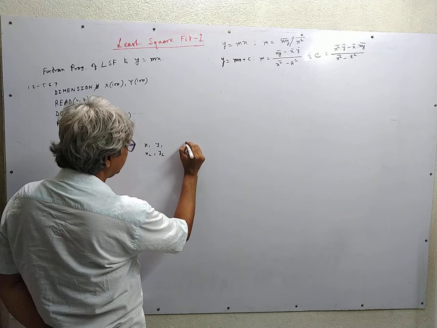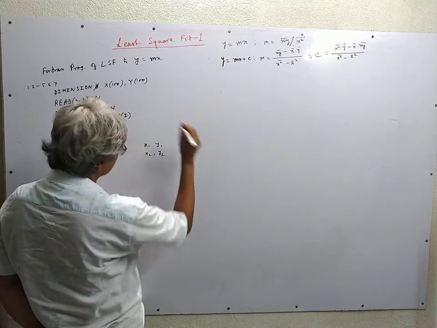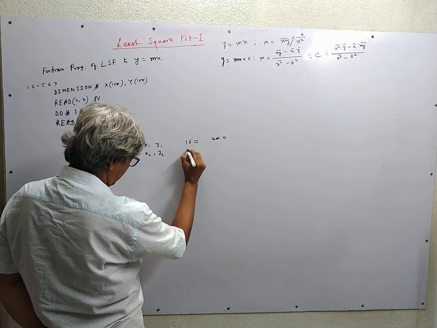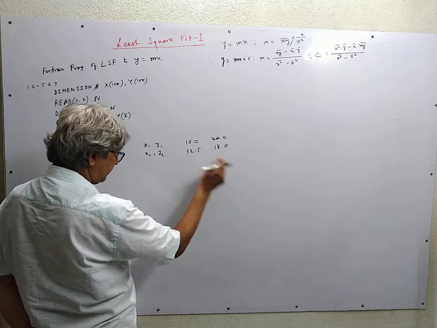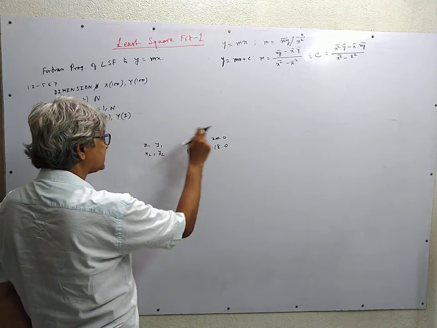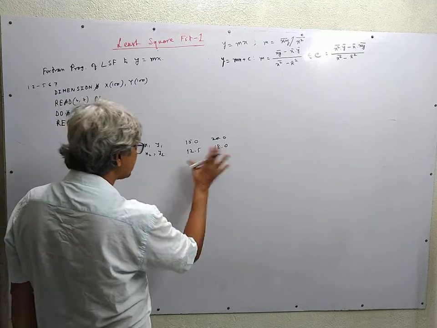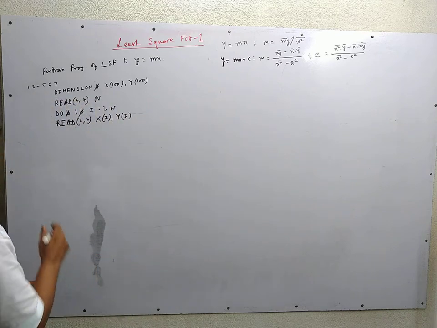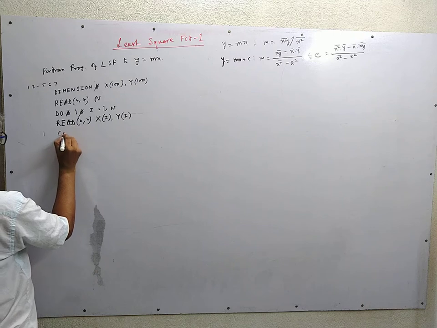As for example, the example that we have cited for the least square fit: 15, 20.0, 12.5, 18.0. Similarly, one observation x and y is in a line, then the second pair of x, y values is written on the next line.